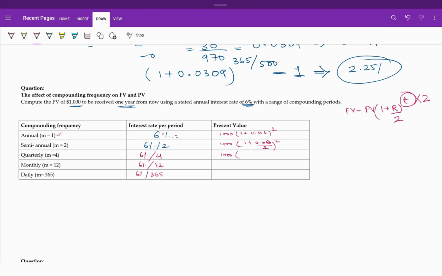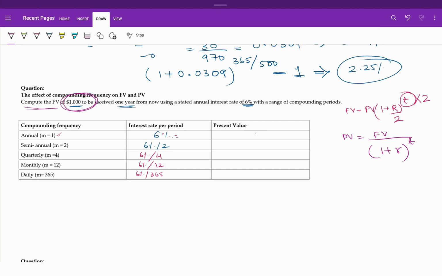Okay, we are calculating the present value. This is not going to be the present value, but we are going to divide this. Just give me one moment. So present value is going to be future value divided by 1 plus rate to the power time. The question is stating that you will be receiving $1,000.